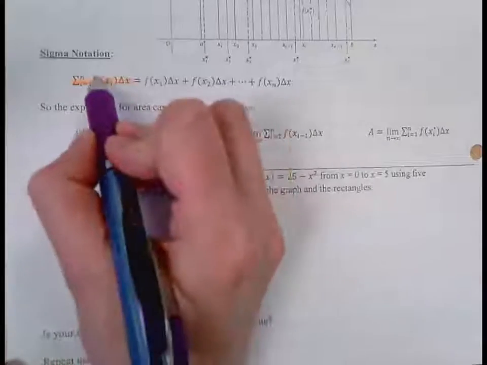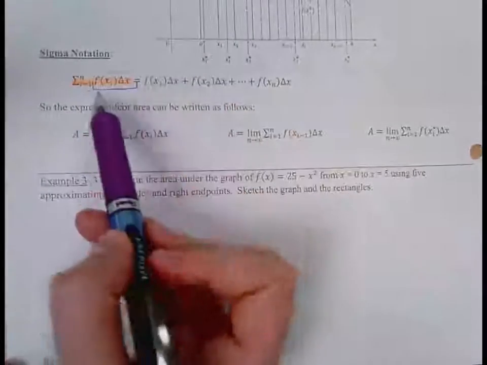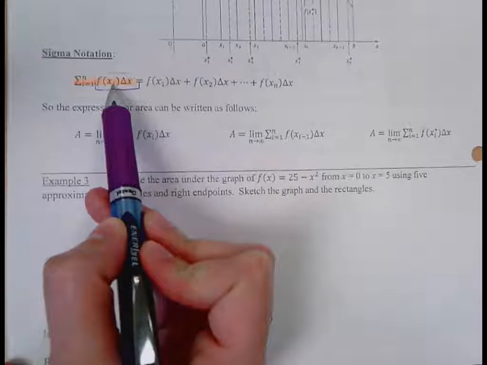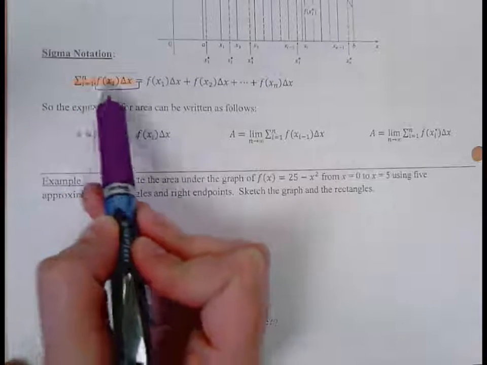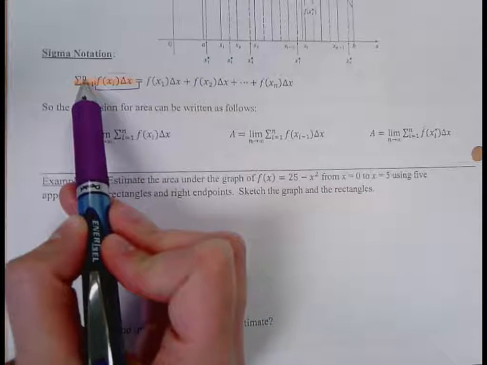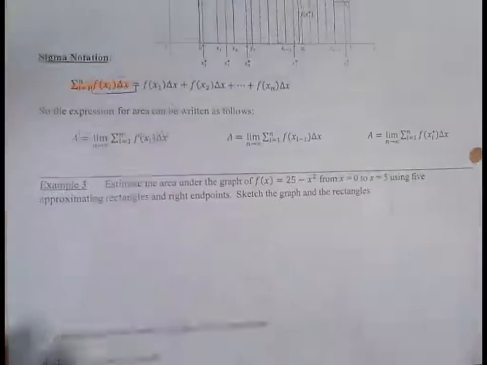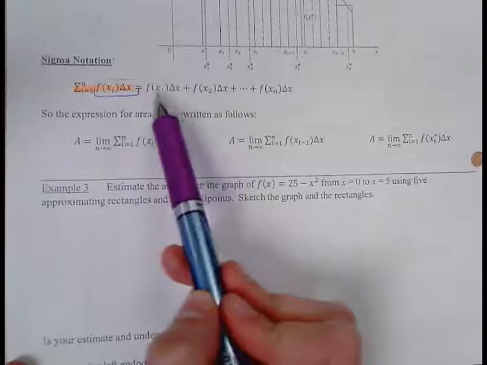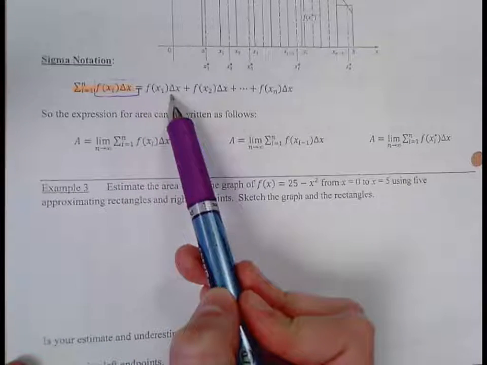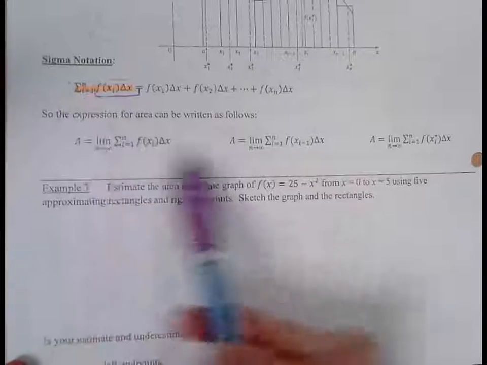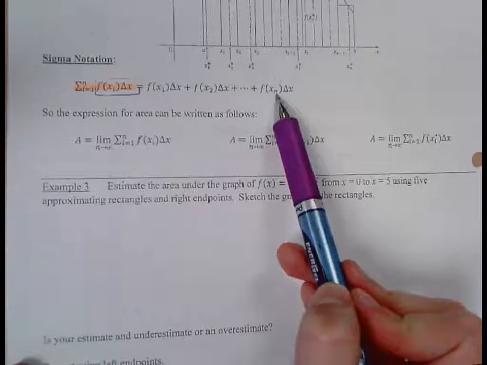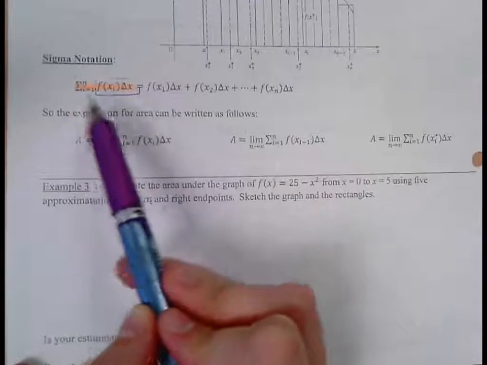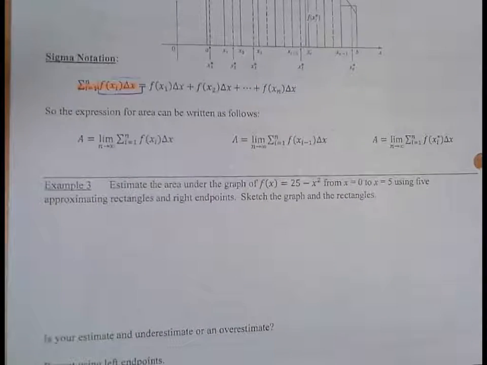So for this expression, you start out by replacing the i in the expression with 1, and you plug in every value until you reach n. And then all of those values are added together. So it says after it what it actually means. If you plug 1 in for i, you would have f of x sub 1 delta x, plus, then you would plug in 2 all the way up to n. So it's exactly what we were just writing out, but it's written as a summation, the sigma notation for it.